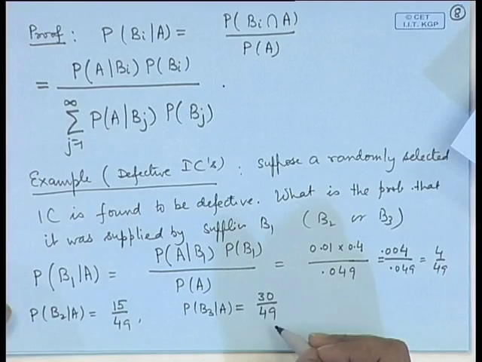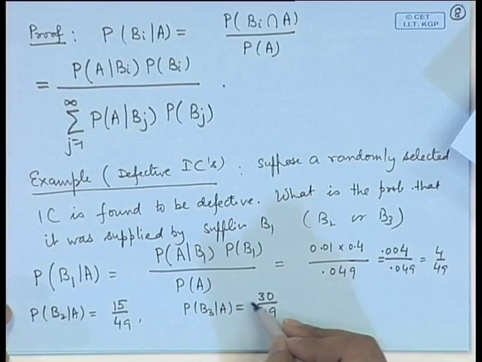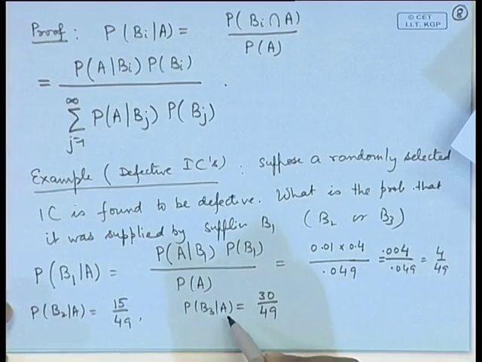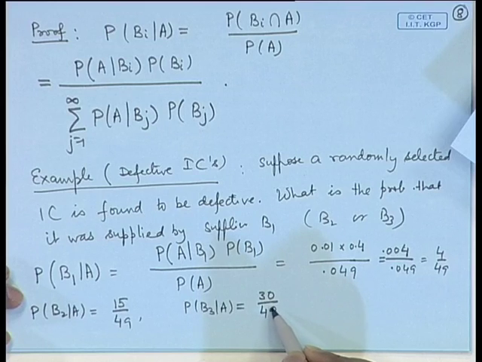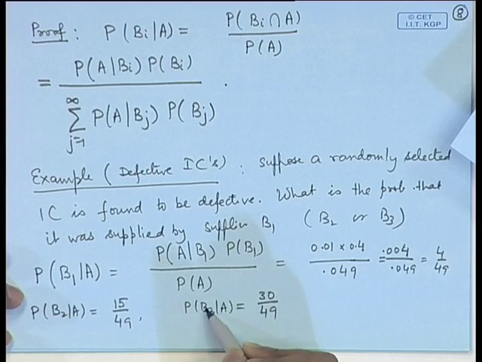You can see here the difference in the posterior probabilities. Although only 30% of the product comes from the third manufacturer, if the finally selected IC is found to be defective, then it is most likely to have come from the third supplier.